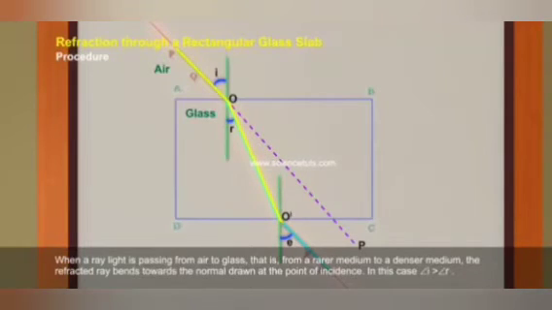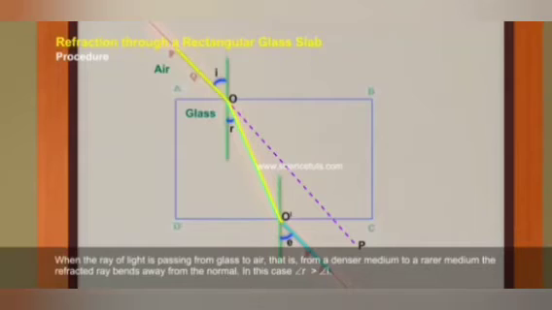In this case, angle I is greater than angle R. When the ray of light is passing from glass to air, that is, from a denser medium to a rarer medium, the refracted ray bends away from the normal. In this case, angle R is greater than angle I.